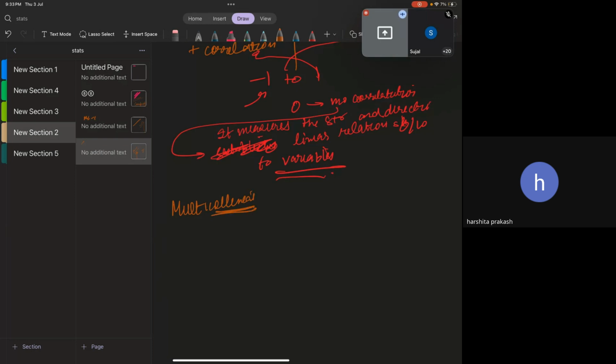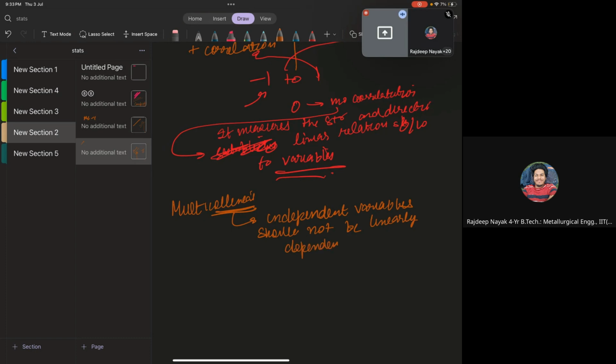Collinear, linear, co. Independent variables should not be linearly dependent.